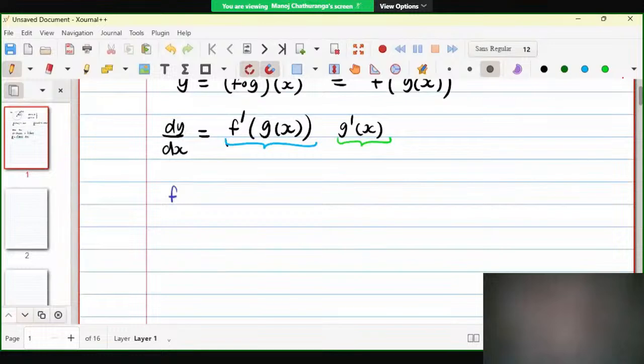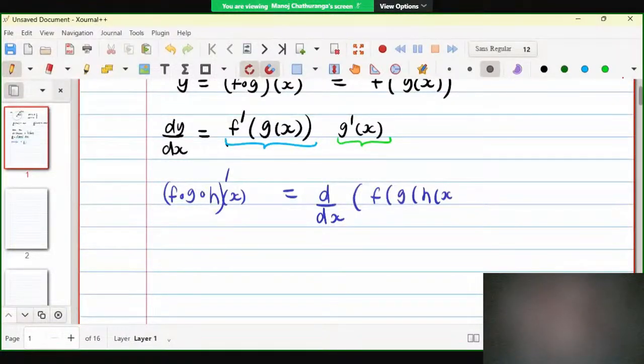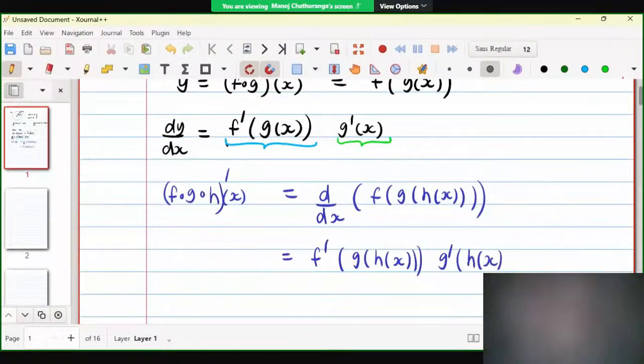If it is something like F of G of H, to compute the derivative, we first differentiate F and keep G and H. Then we forget F, differentiate G and keep H. Then forget G and differentiate H.